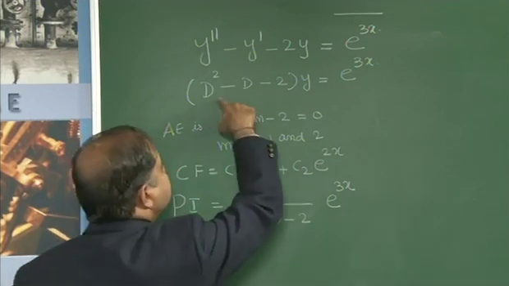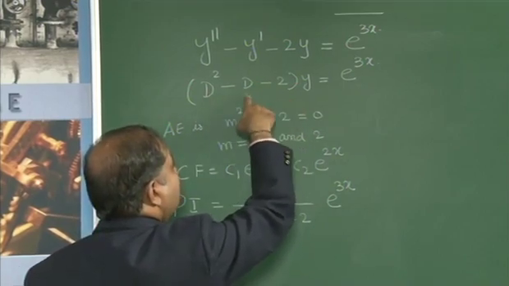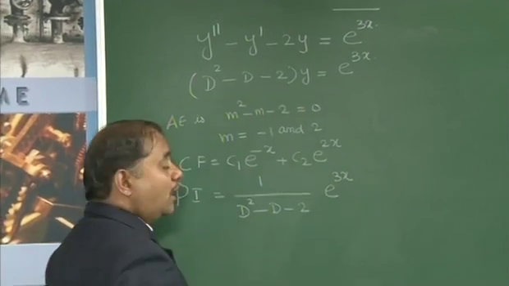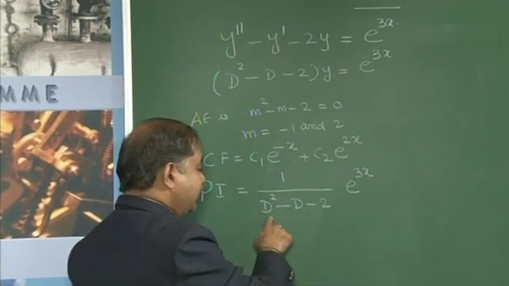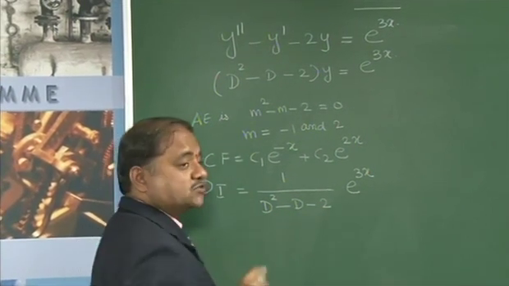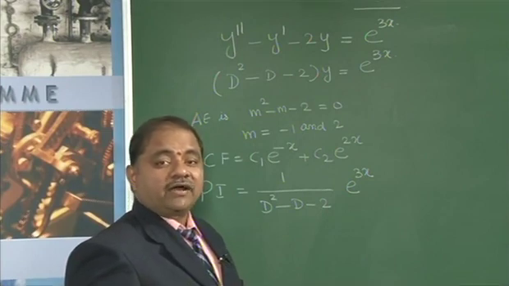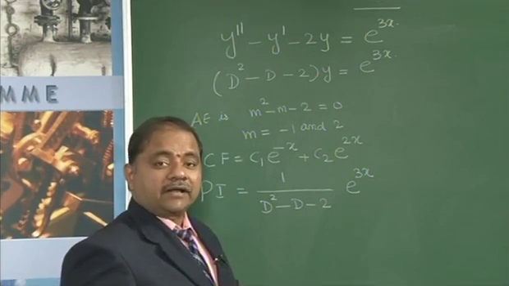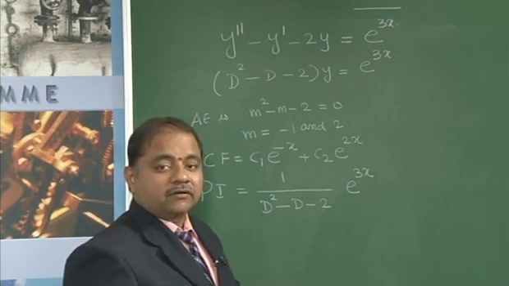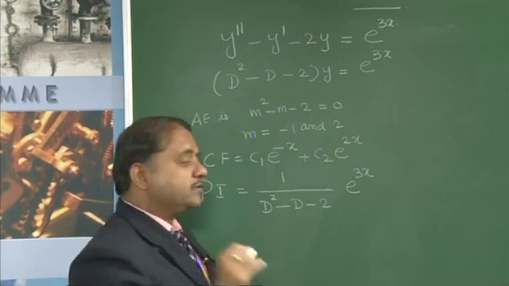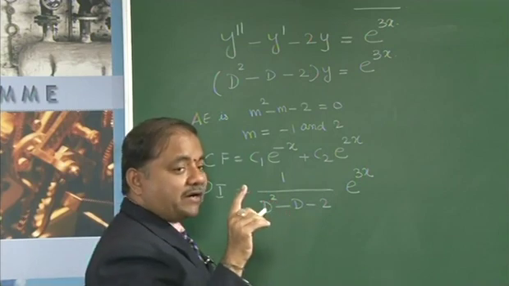This is your differential operator, D square minus D minus 2, and you are writing it as the inverse differential operator, 1 by D square minus D minus 2. Two meanings: 1 by D means you are finding the particular integral, integration, the reverse of differentiation. Just as type 1, we have e power 3x. This method is called the inverse differential operator method.